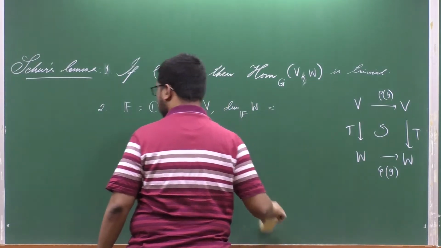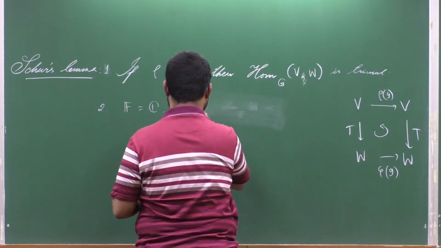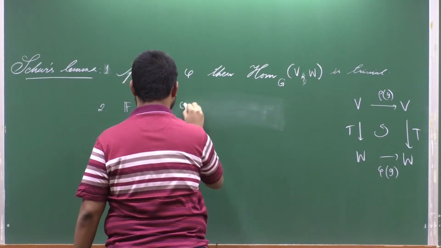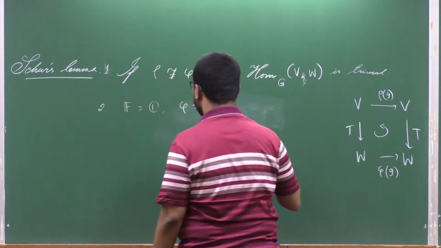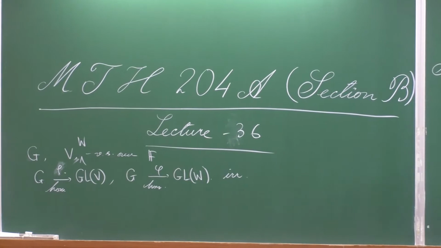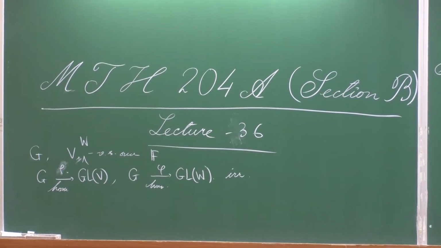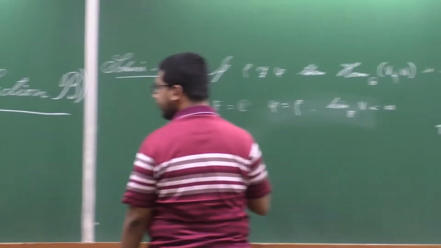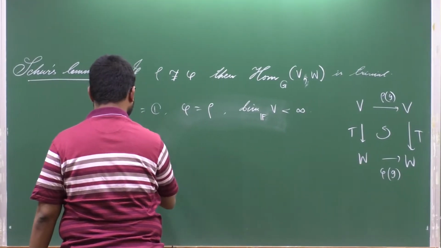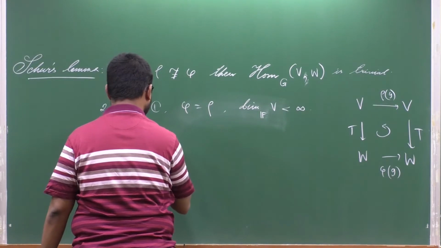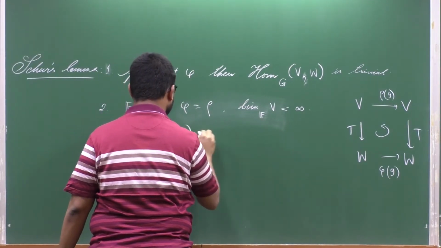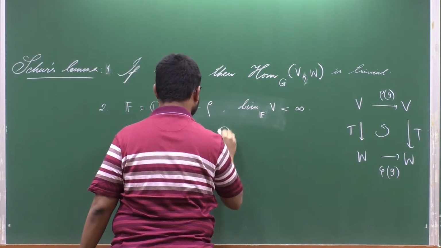So in this situation, F is C and we assume phi equal to rho, and of course the dimension of V is finite. In this situation, this Hom_G(V, W) is isomorphic to C.